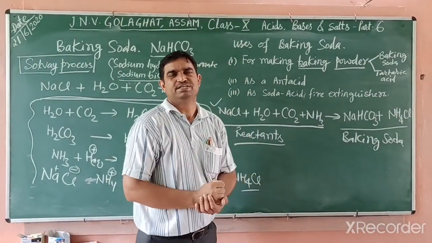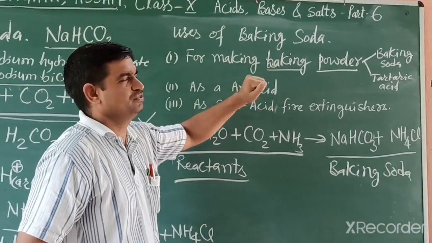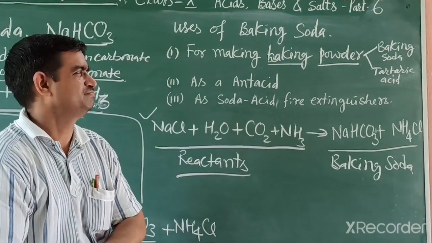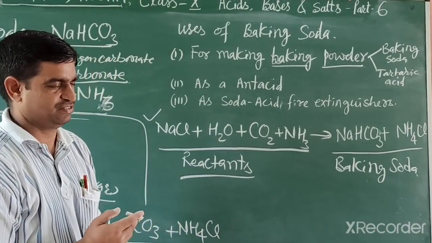So many times the question comes, why do we mix tartaric acid in baking soda for making baking powder? So we will explain the reason why we mix tartaric acid.